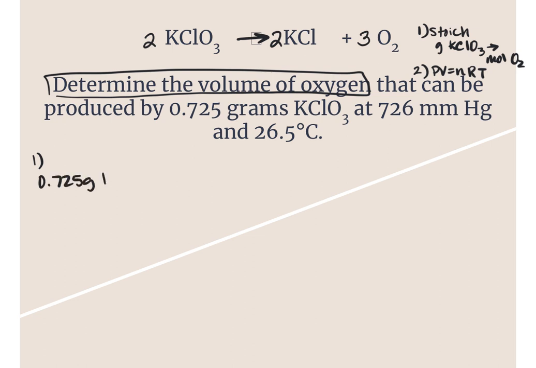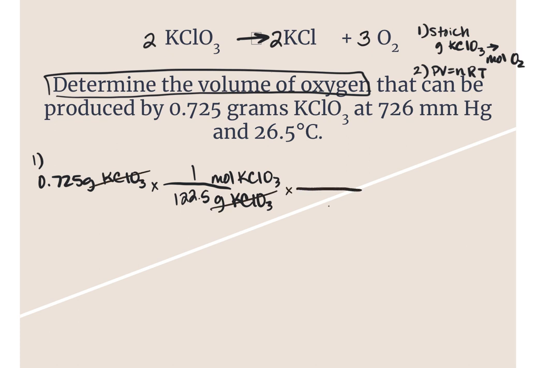We're just going to take that 0.725 grams of KClO3. I want to go from grams to moles for that, so that's going to be its molar mass. So I add up the potassium, the chlorine, and the 3 oxygens, and that weighs altogether 122.5. So grams will cross out.